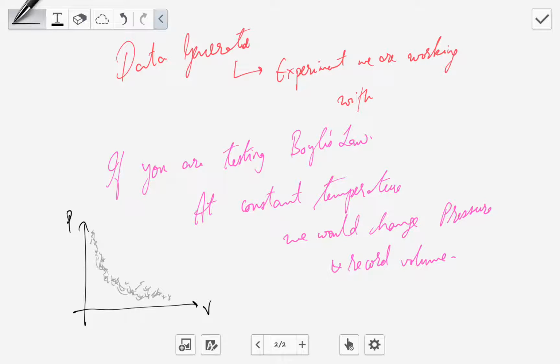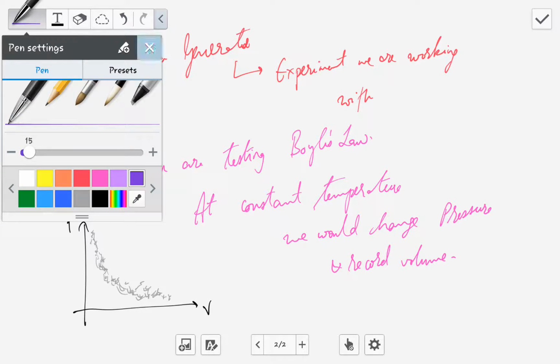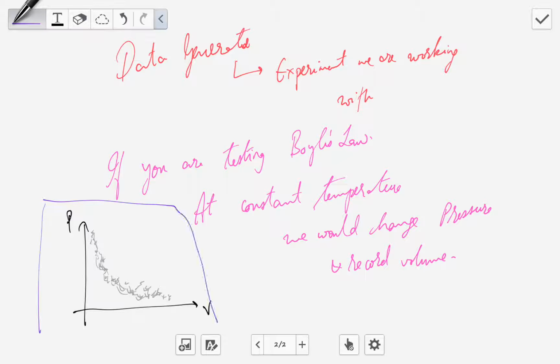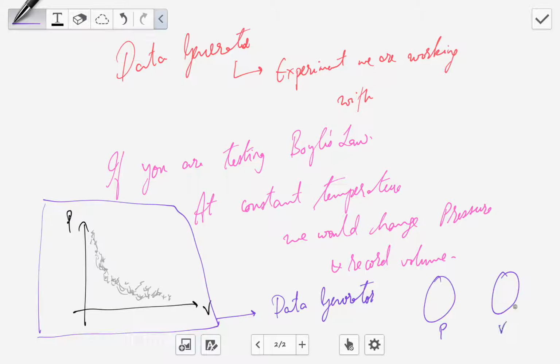Pressure, volume. So here this is our data generator. On one side there is pressure, on the other side there is volume.